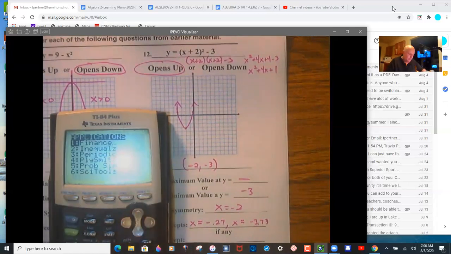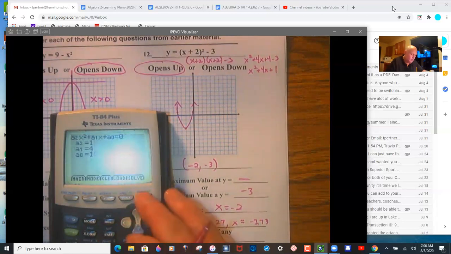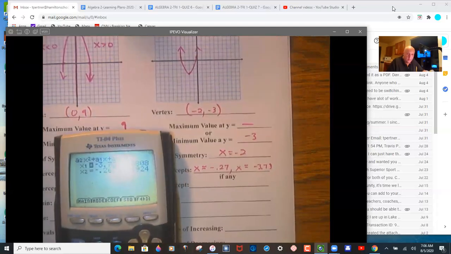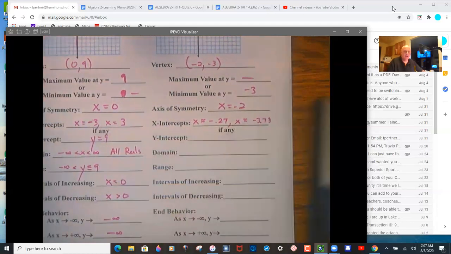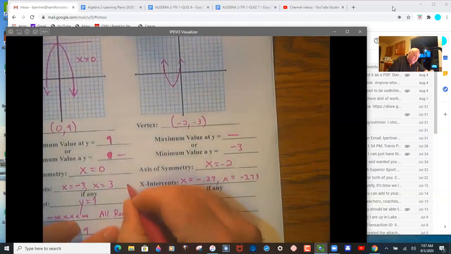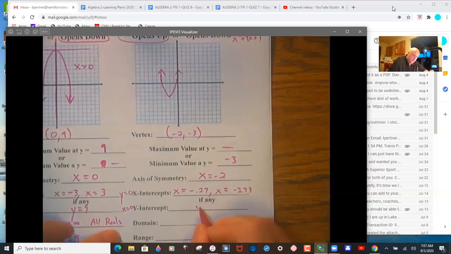I'll do that on this one, but I will not on the next one. And then it will generate those for you. You got to expand it out. That's when y equals 0. It will not be on the table. The y-intercept will always be on the table.